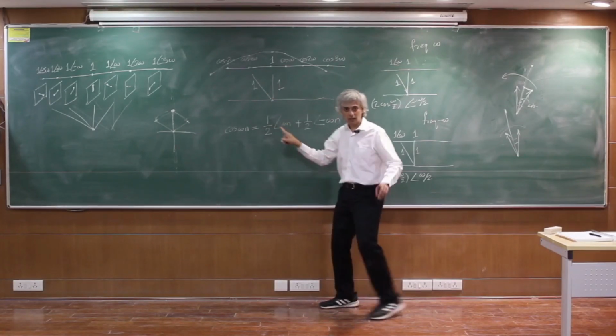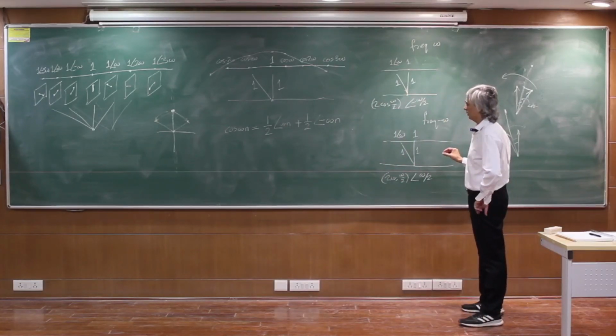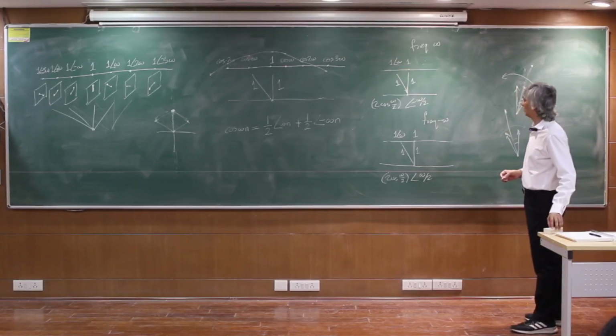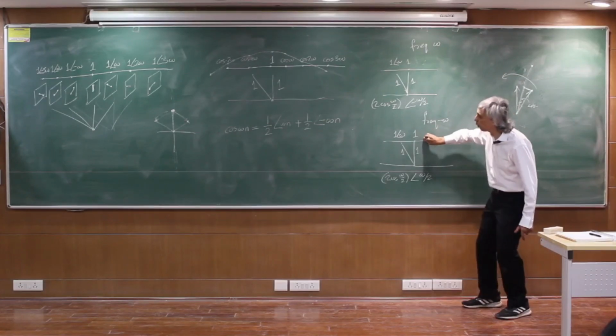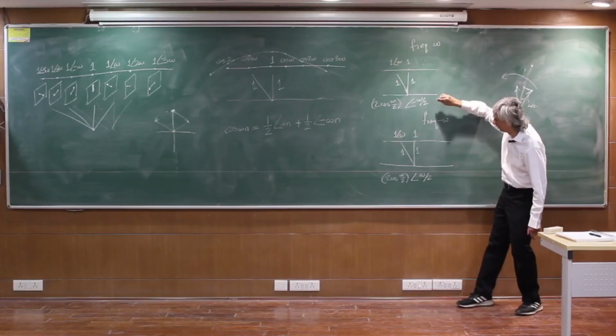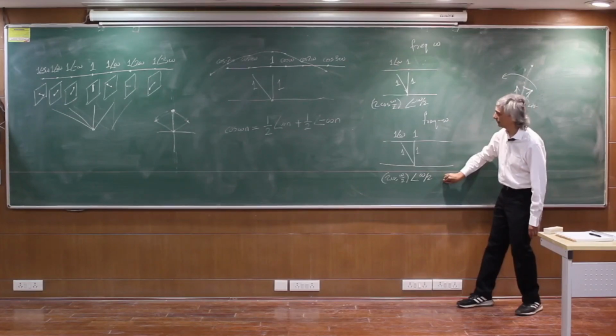Correct? Do you understand this? Okay. So it's half of this plus half of this. And so what will be the output? By superposition, the output is going to be half of this plus half of this. Right?